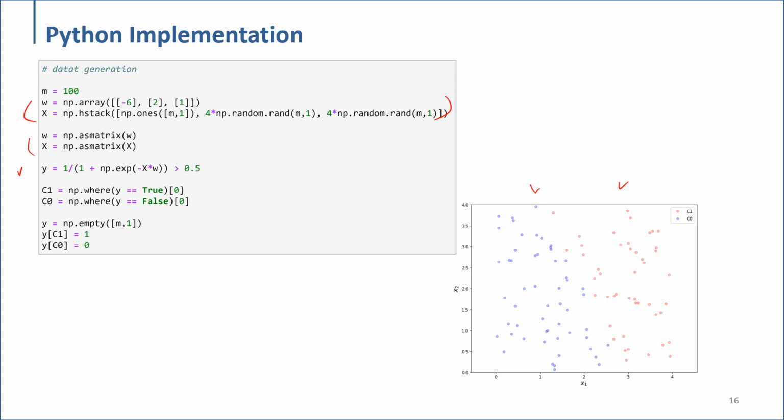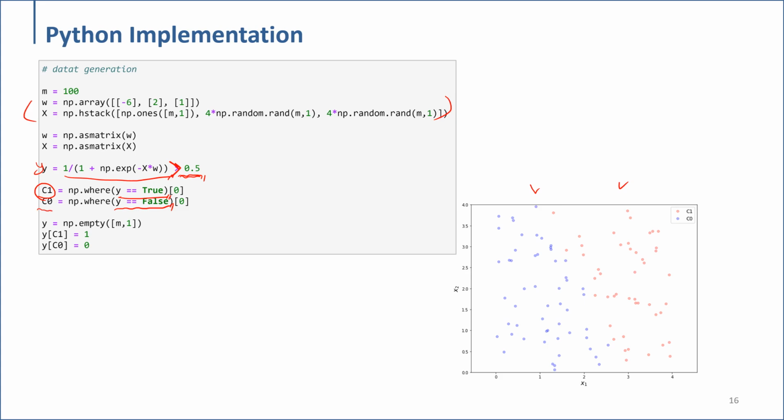This one is just measuring the probability of these x data, and if this is larger than 0.5, the data is labeled as C1, and if this is smaller than 0.5, then y will give the value false.